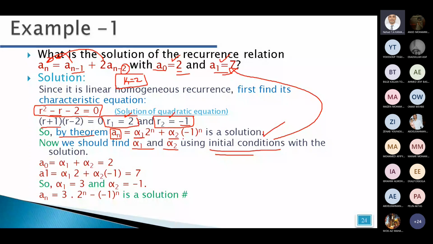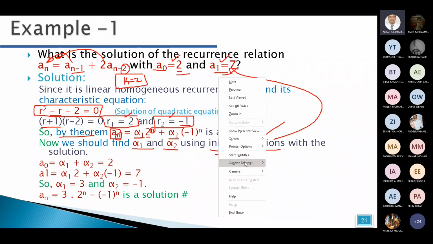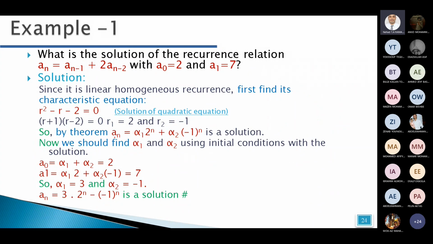Now let's take a0. a0 equals alpha 1 multiplied by 2 power 0, because now n equals 0. What's the meaning of a0? It means we write this one with n equals 0.